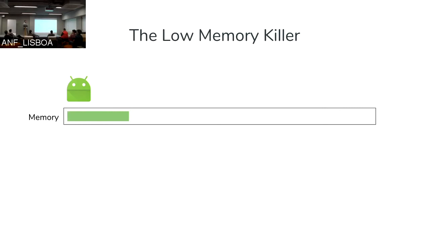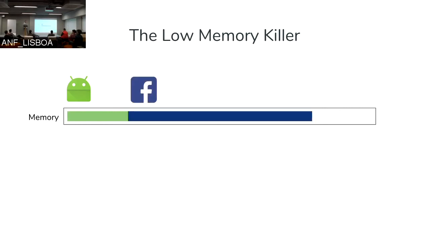Like you launch your app, and then you launch Facebook, which is like this big memory hog. Not a lot of applications are larger than the framework itself, but Facebook is. And then when you want another one, you don't have enough memory. And this is not something that you can control with the runtime garbage collection because it only has visibility over the memory of each app.